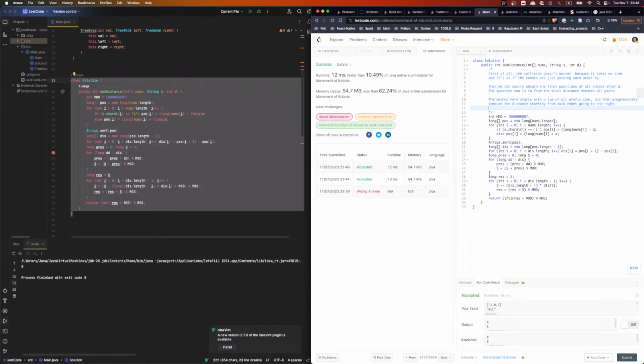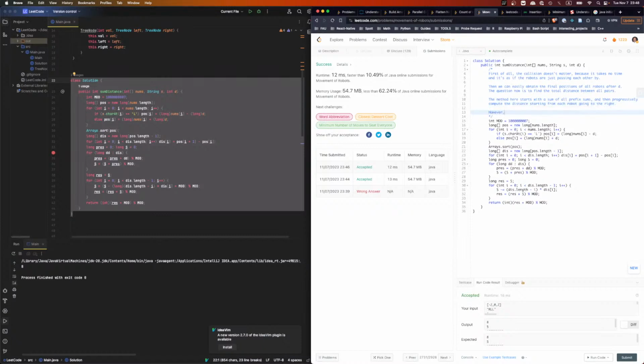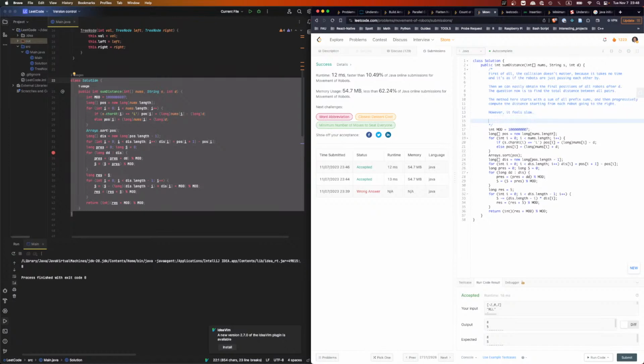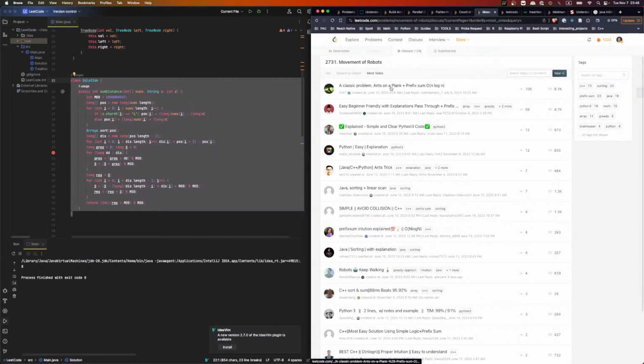However, it feels slow. Not sure why. O(n log n) because of the sort. So the only reason that it might get slow, I don't know, could be the O(n log n). It doesn't have a solution, so we have to check.